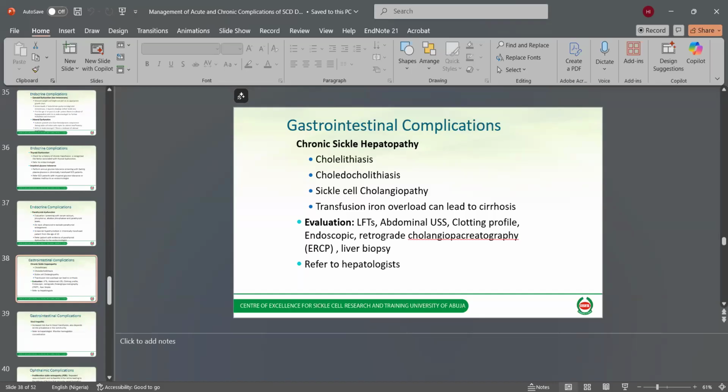So these are the hepatopathies that can be found in sickle cell patients. Evaluation includes doing a liver function test, abdominal ultrasound, clotting profile, endoscopy, liver biopsy, and if there are any abnormalities, you refer to hepatologists.